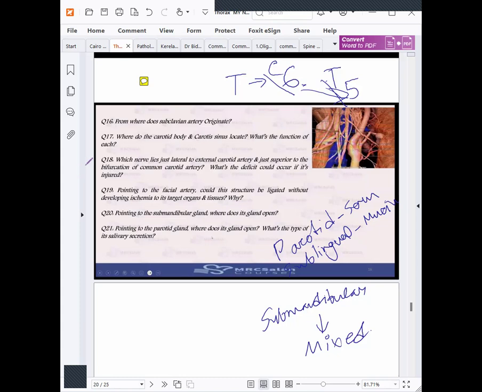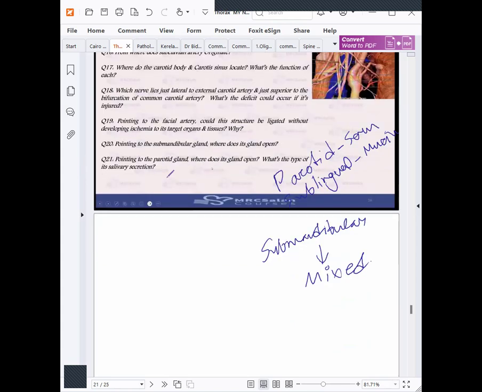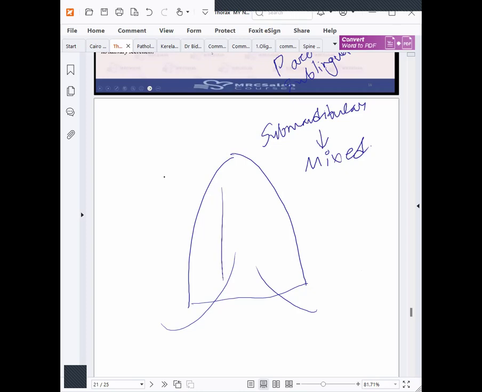Regarding the hypoglossal nerve, what is the normal function of the hypoglossal nerve? Normally, the hypoglossal nerve gives motor supply to the tongue muscle, right? Suppose this is the tongue; we have a hypoglossal nerve from both sides.